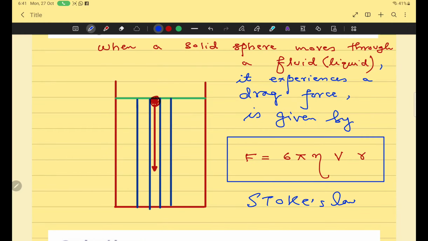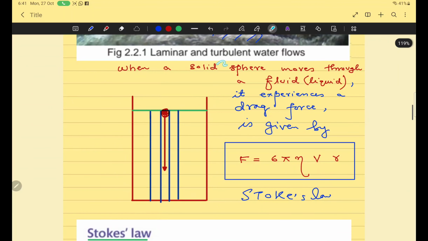I am going to explain this equation as well, but write only this sentence, and I will explain this to you. Listen carefully. When a solid sphere is moving through a liquid, then obviously the liquid offers a drag force, a resistive force, due to the friction of the liquid.